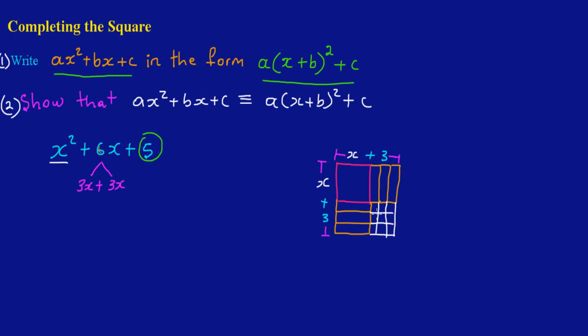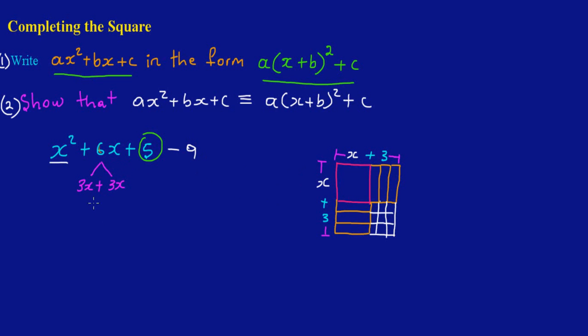So here now how many little boxes would I have? 1, 2, 3, 4, 5, 6, 7, 8, 9 boxes. So to complete this, I would have to subtract 9 from my 5, because I got 9 square boxes.